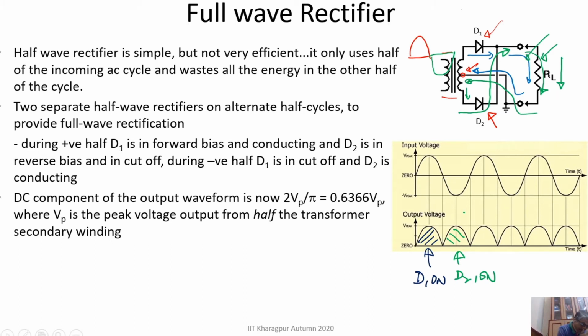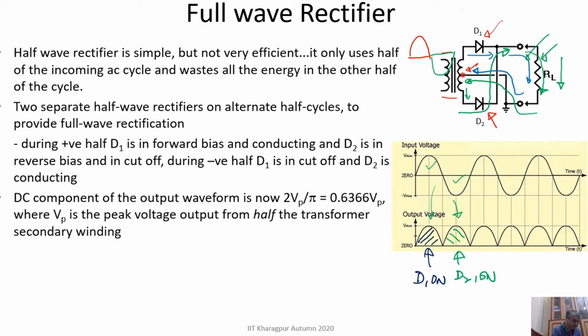In other words, in the case of the full wave rectifier, we get both the positive half and negative half at the output, but in both halves the output is in the same direction, so we get a positive output.